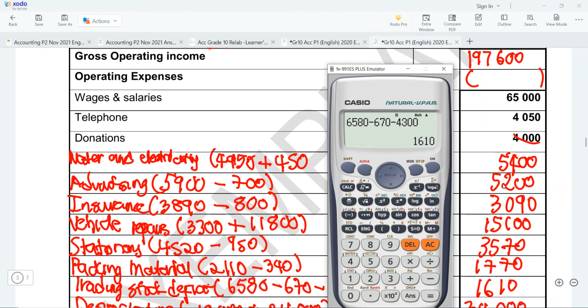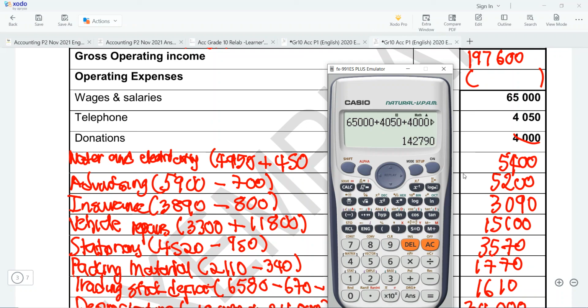So now let's start. 65,000 plus 4,050, and then plus 4,000 plus 5,400, and then plus 5,200 plus 3,090 plus 15,100, and then plus 3,570 plus 1,770, and then plus 1,610 plus 34,000.